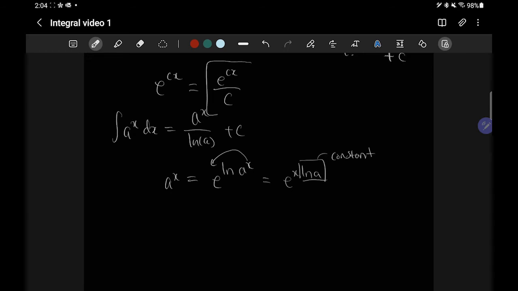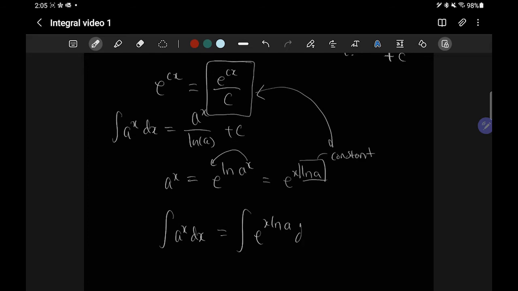And if you remember this equation here, the two are identical if you replace c with natural log of a. So then we can immediately know that the integral of a to the x dx equals the integral of e to the x natural log of a dx, which equals e to the x natural log of a, which equals e to the x natural log of a divided by natural log of a.